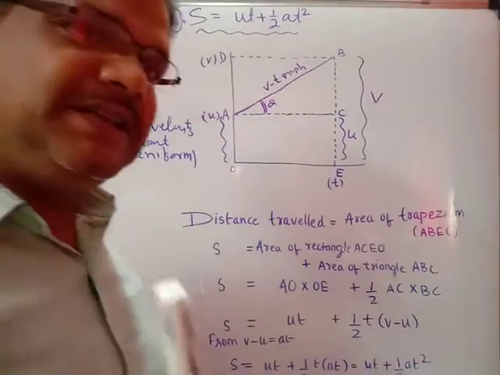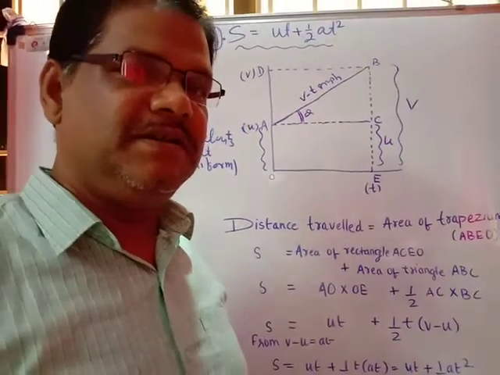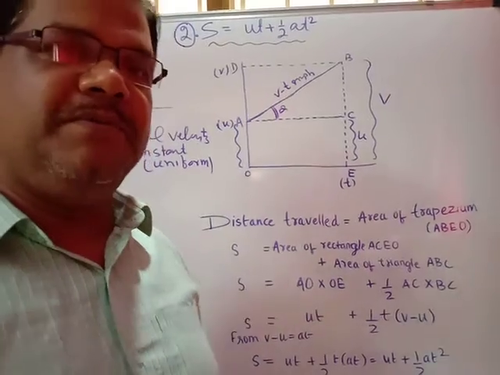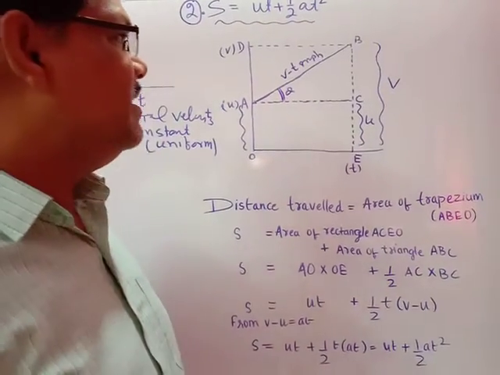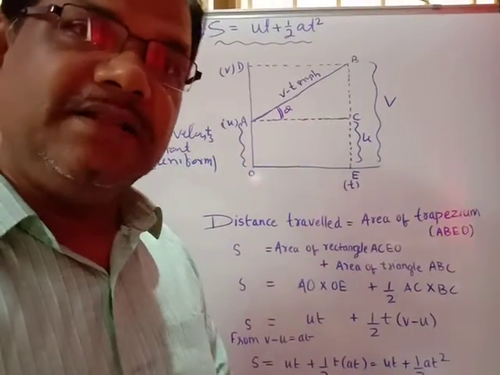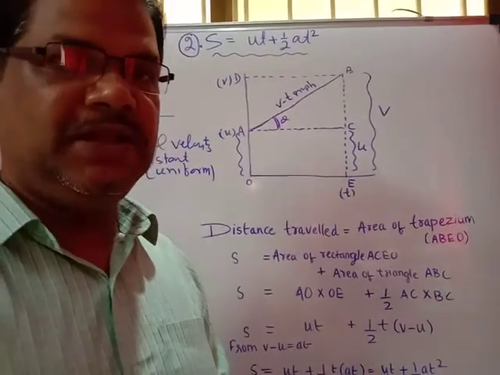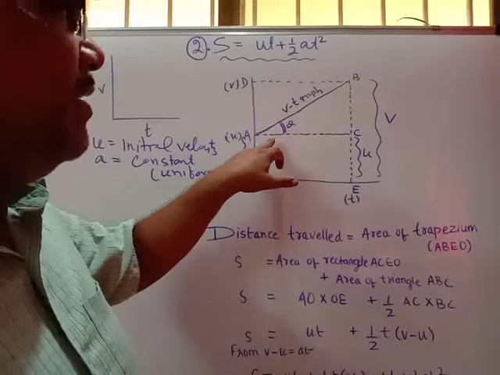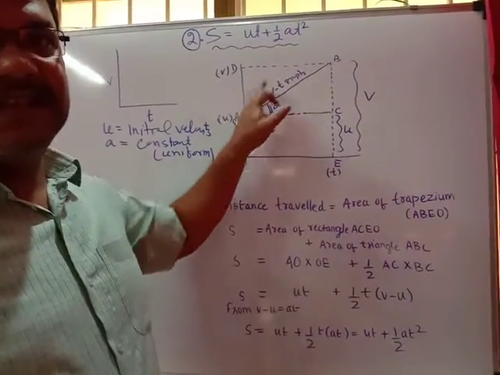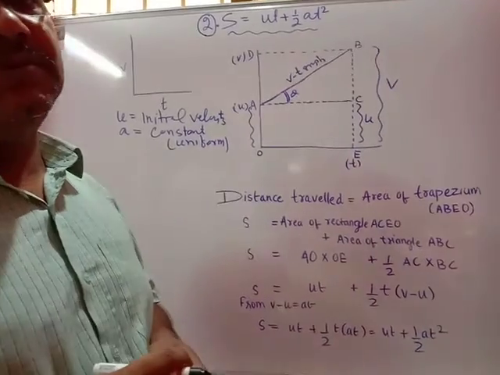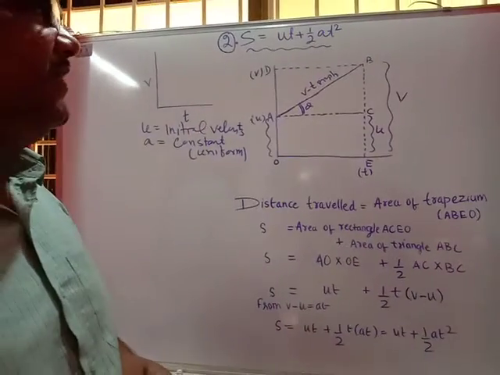From the velocity-time graph, one thing you remember: whenever you search for the acceleration, we have to take the slope of the graph. And whenever you find the distance traveled by the object, we have to take the area under the Vt graph.